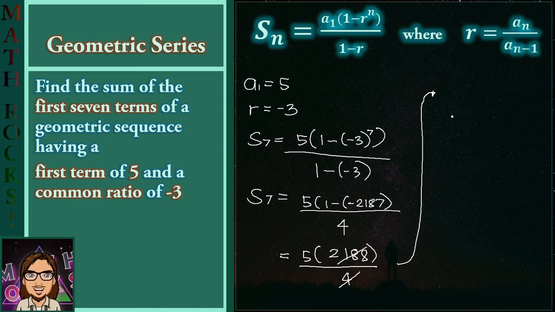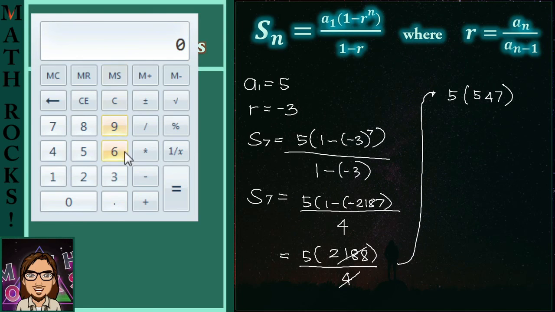2,188 divided by 4 actually gives us 547. Anyway, let me check using a calculator. So here we would like to divide 2,188 by 4. So we have, yes, 547.